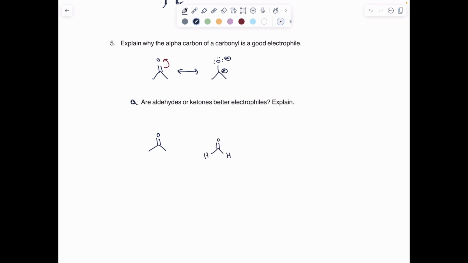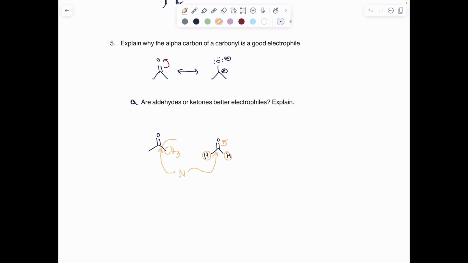When we compare both the steric and the electronic effects, we'll find that aldehydes end up being better. And the reasoning for that is because when a nucleophile tries to come in and attack, there's more space over here because you're only dealing with these two little hydrogens. So it's easier to get in and attack at this position versus coming over here.